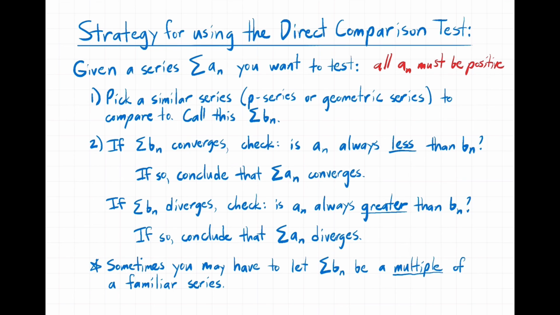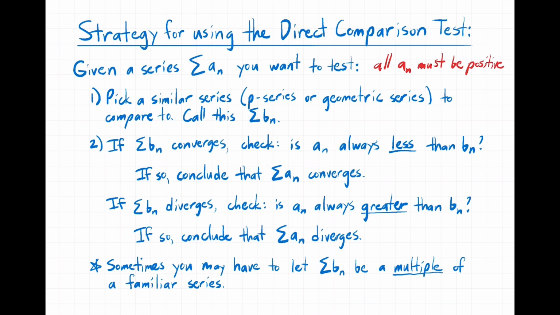If your series bn converges, then make sure that your an's are always less than or equal to your bn's, and you'll know that your an series also converges. And if your sum of bn series diverges, then you'll check and make sure that your an's are always greater than or equal to your bn's, and you can conclude that your sum of an series diverges.